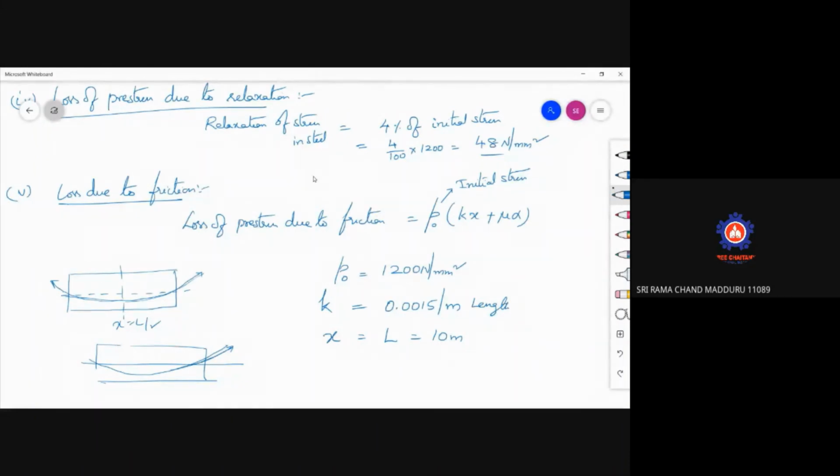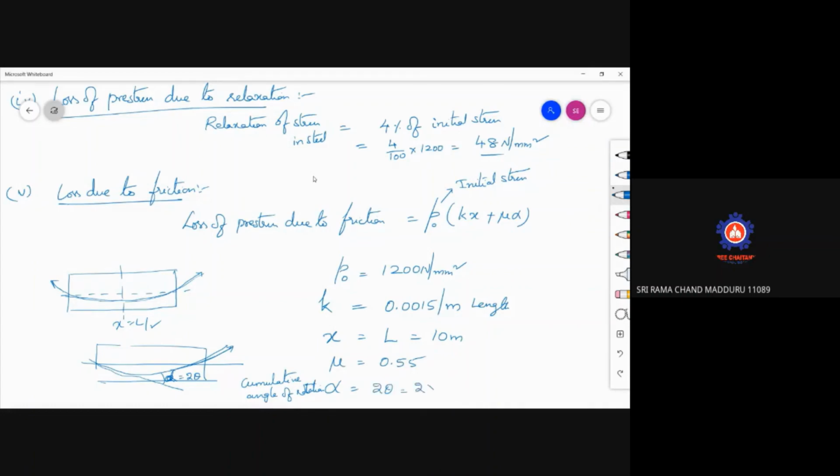Then mu, the coefficient of friction between cable and duct, is given as 0.55. And alpha is the cumulative angle of rotation, which is 2 theta.